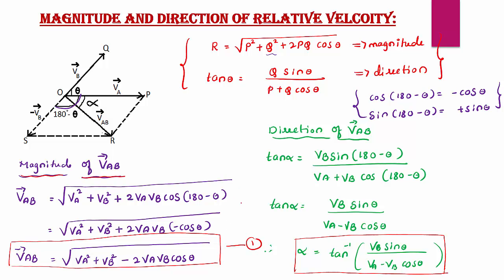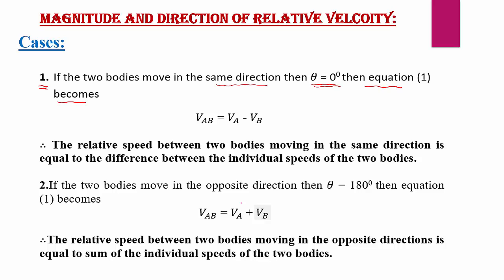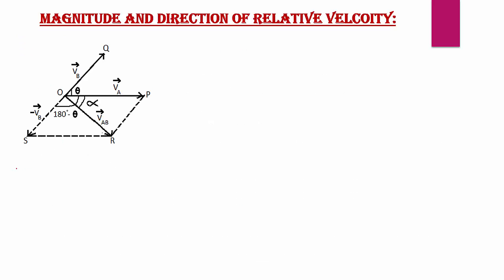Now observe here. According to the first case, if theta equals 0 degrees, then equation 1 will become... I am going to solve the first case. Theta equals 0 degrees. Equation 1 is the magnitude of VAB equals square root of VA square plus VB square minus 2 VA VB cos theta.